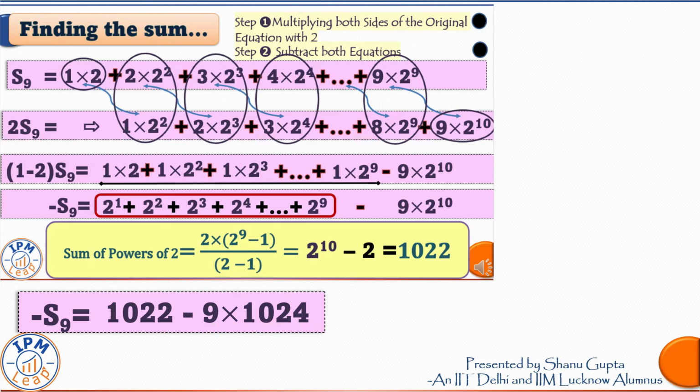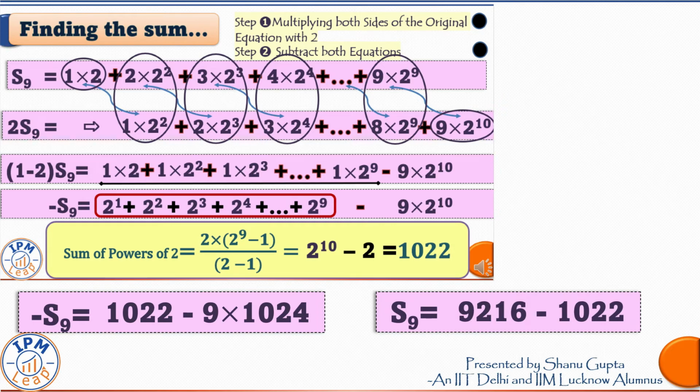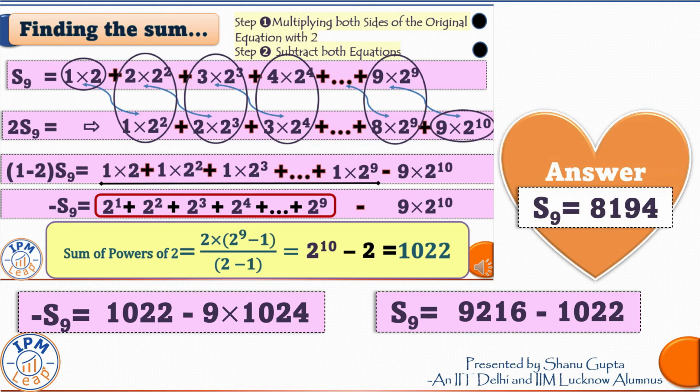So S9 is equal to 9216 minus 1022. And thus we have found out the answer for our question. The answer is 8194.